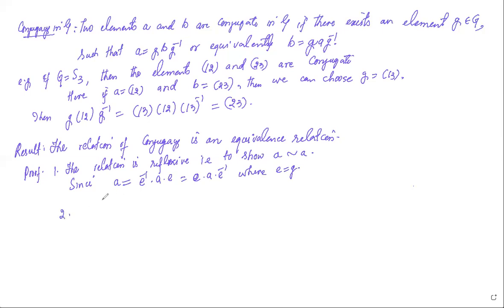Now second, we can show that the relation is symmetric. For this, let A be related to B. That is, A is equal to g B g inverse for some g belonging to G. Then we need to show that B is equal to some g A g inverse.